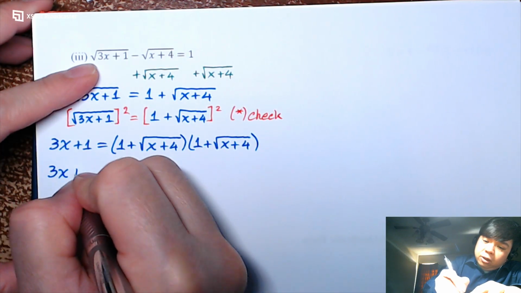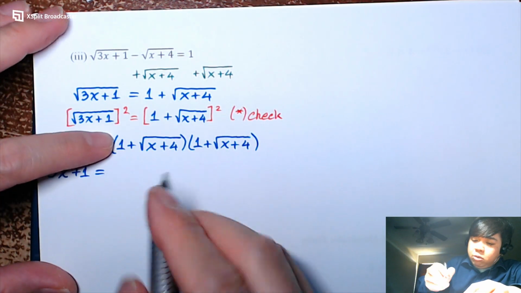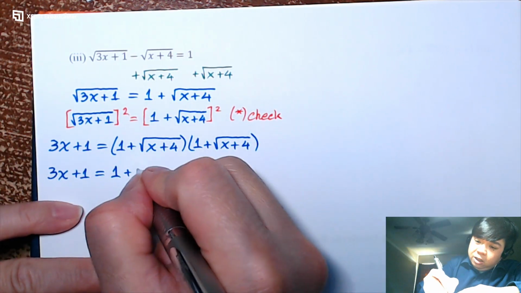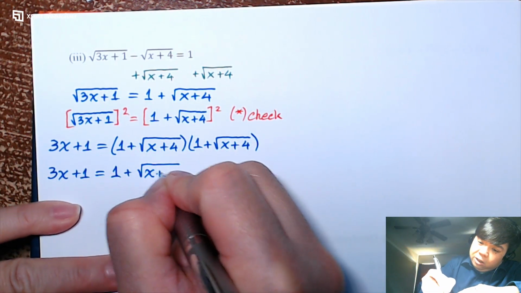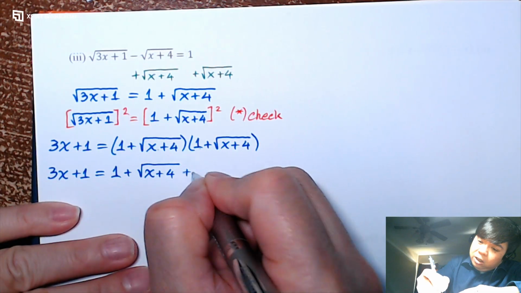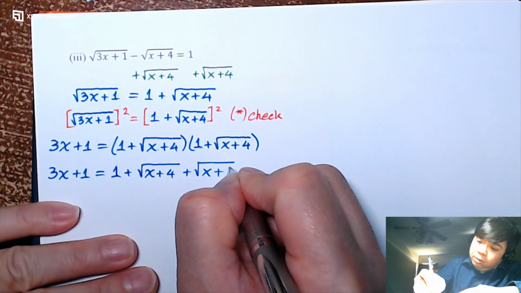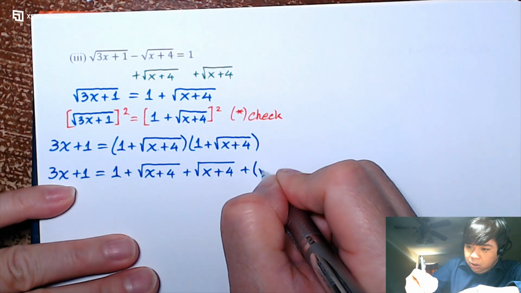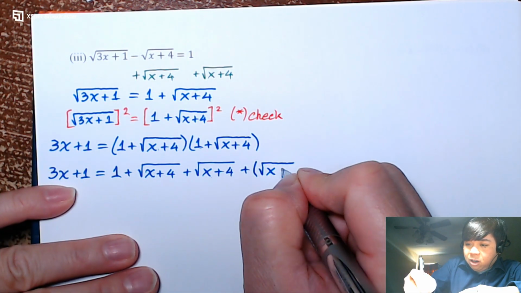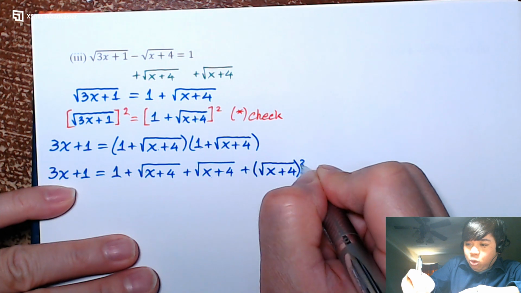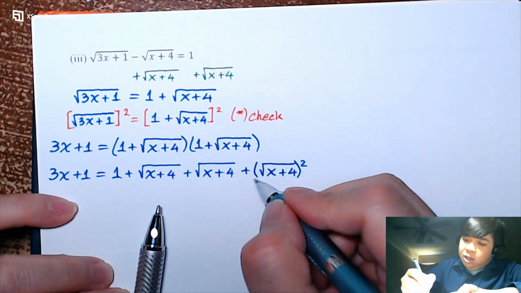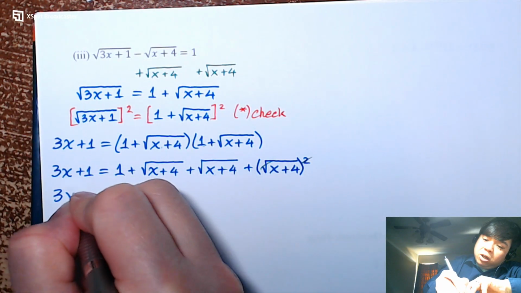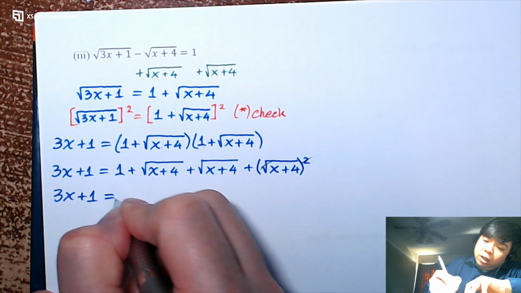Multiply it out. 1 times 1 is 1. 1 times square root. Square root times 1. Square root times square root, meaning multiply by itself, so that will be a square, and a square also undoes the square root. So we end up with 2x plus 1 equal to 1.